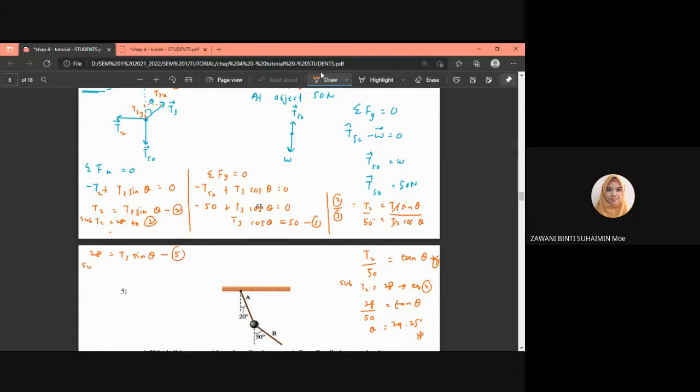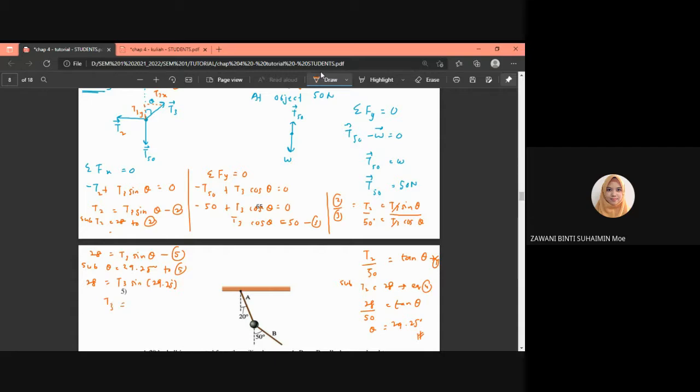Substitute theta is equal to 29.25 degrees into equation 5: 28 is equal to T3 sin 29.25. Then we calculate what T3 is.